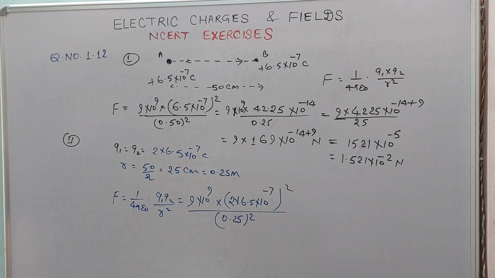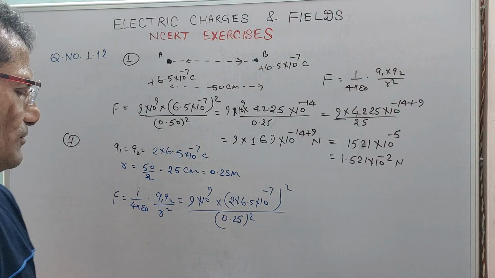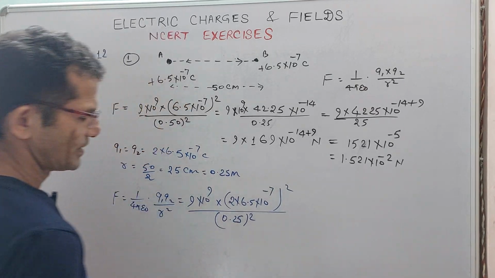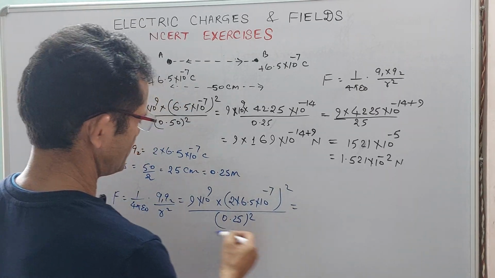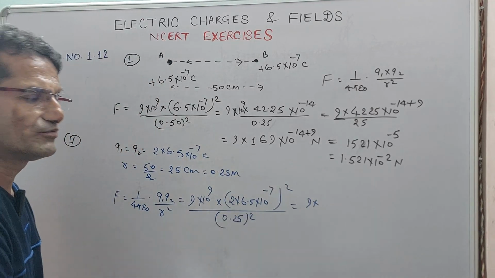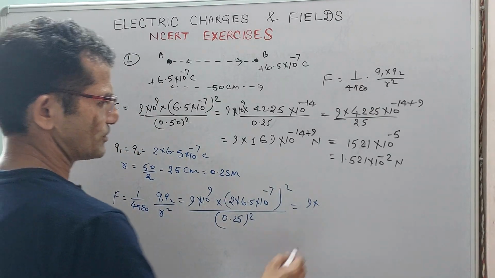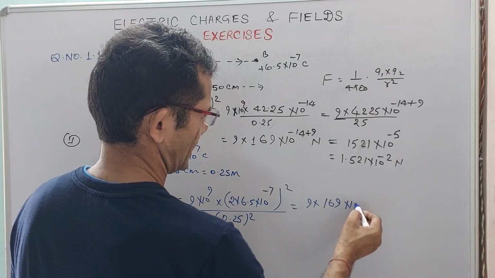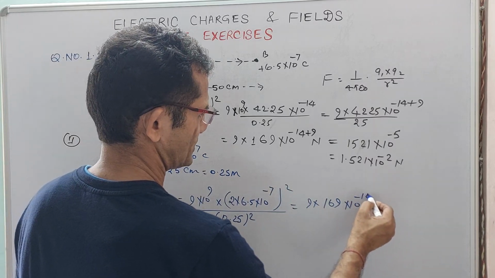So here put the numerical value on one side and 10 raised to the power on one place. Now it becomes 9. Now 2 into 6.5 becomes 13, square of 13 is 169. And 10 to the minus 7 squared gives minus 14.